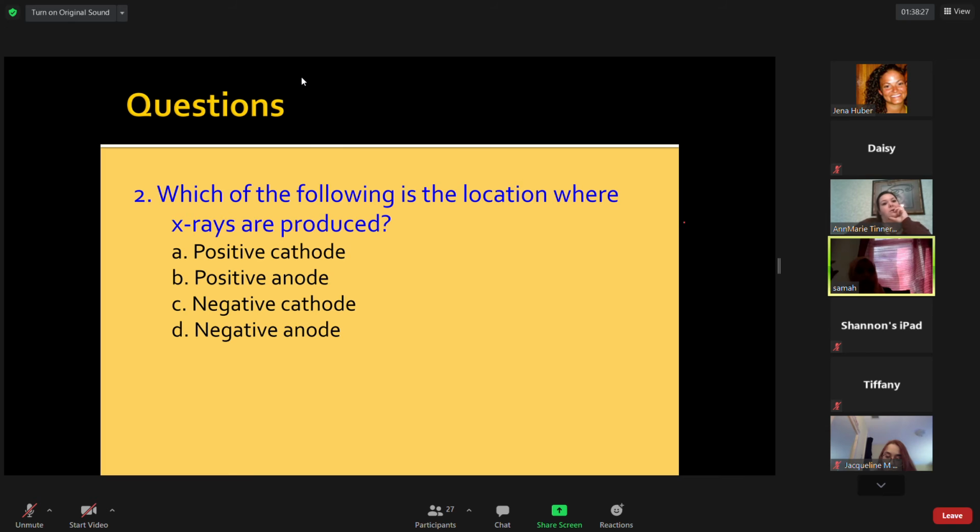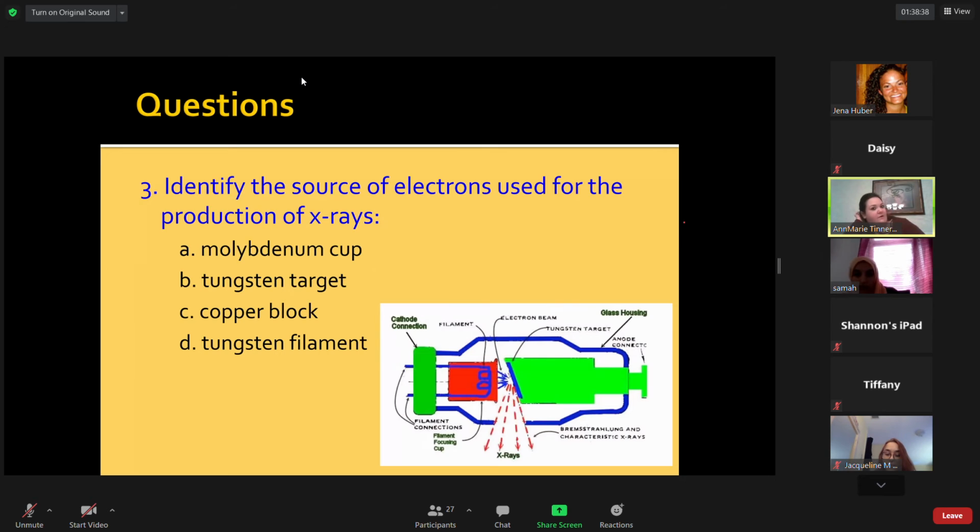B, the positive anode, very good. The next one: identify the source of electrons used for the production of X-rays. It's the tungsten filament. Yep, D.